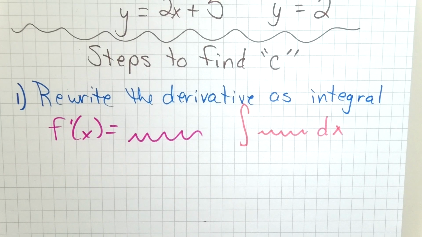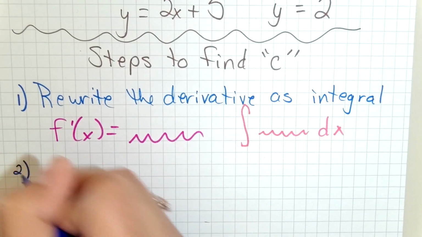This is what I mean to write it as an integral. You're going to have the derivative, just take it and put the integral sign on it, okay? That's your first step, easiest step. Anybody can do that step. That is a 0.5 step. Any questions on that? Okay, second step.